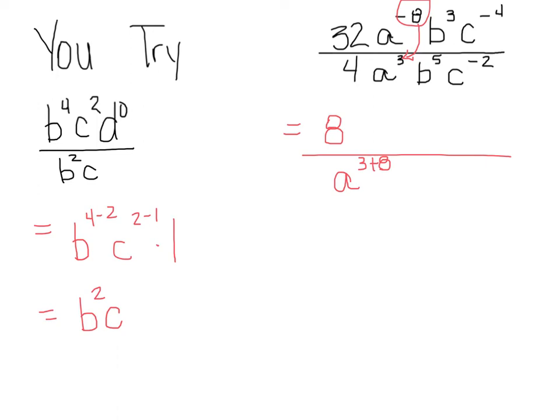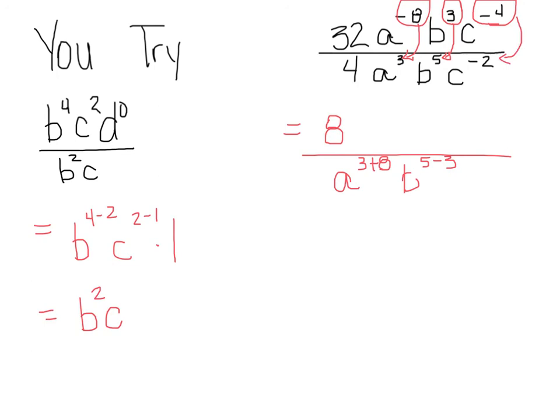Cross the smaller exponent to the larger. We have b to the 5 minus 3 in the denominator. Again, we're crossing the smaller exponent to the larger.